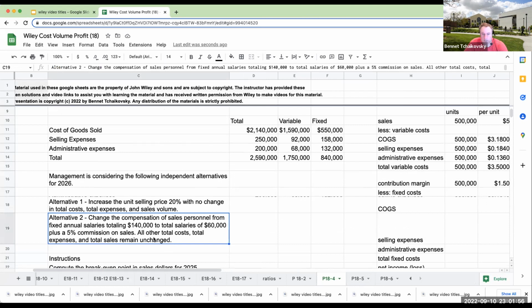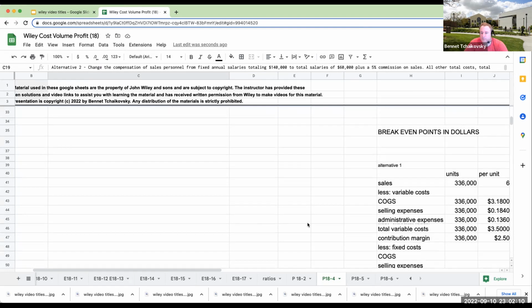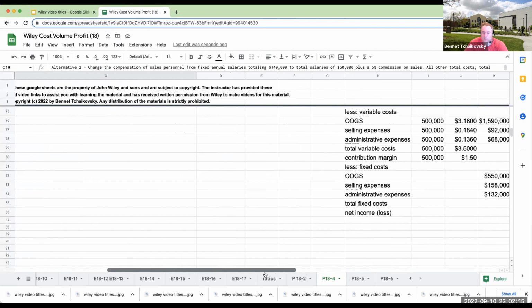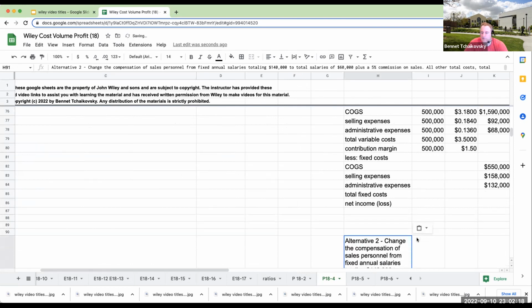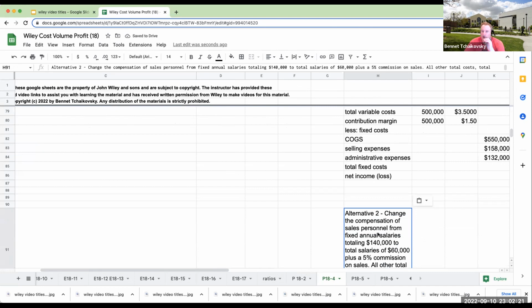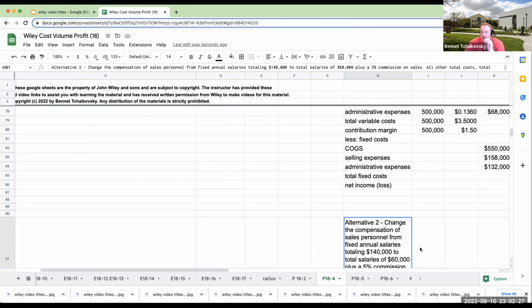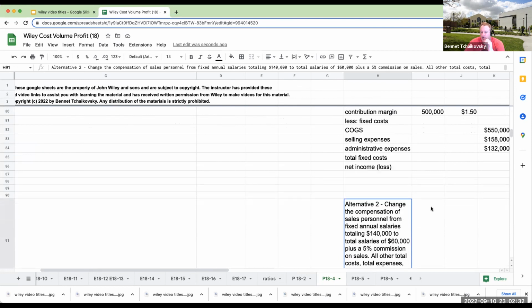Alternative 2 is to change the compensation of sales personnel from fixed annual salaries to total salaries of 60,000 plus a 5% commission on sales. Other than that, all other costs and expenses remain unchanged. Let's put that down here. This will be fun to do. So, change the compensation of sales personnel from fixed annual salaries totaling 140 to total salaries of 60,000 plus a 5% commission on sales.